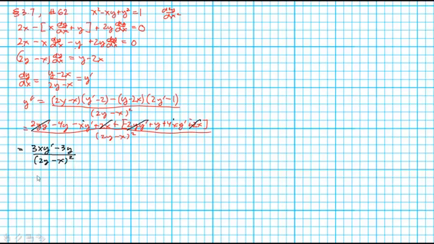Now at this point I've got to get rid of this y prime, which means I'm going to have to substitute what y prime is equal to, and that looks like this. First of all, I'm going to write the denominator here separately.